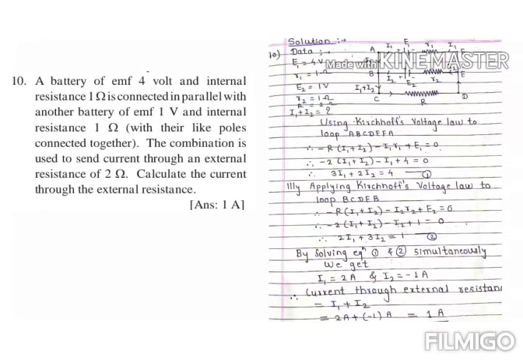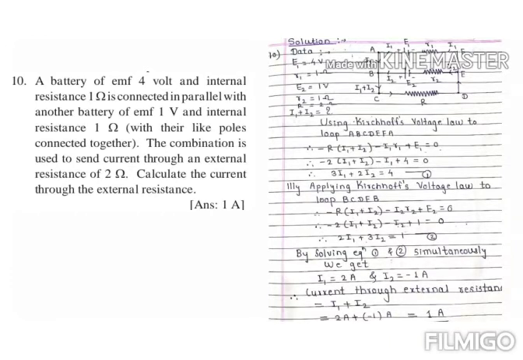So, from the given figure, we have to use Kirchhoff's voltage law to loop A, B, C, D, E, F, A. We may write minus R inside the bracket I1 plus I2 bracket closed minus I1 R1 plus E1 is equal to 0.